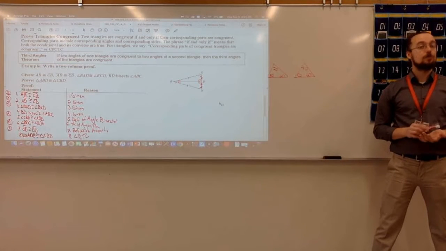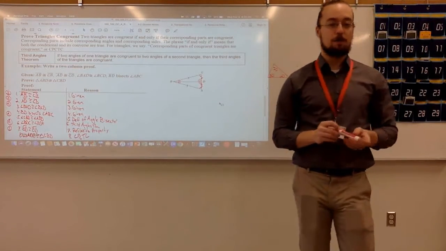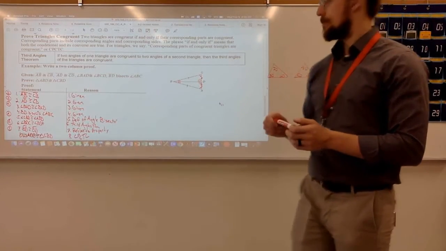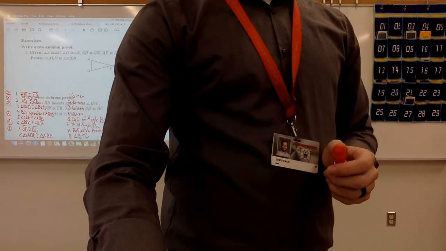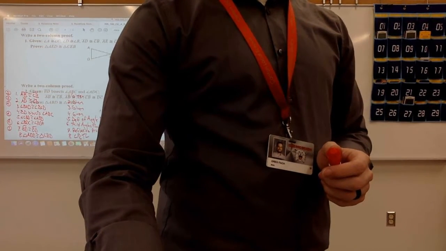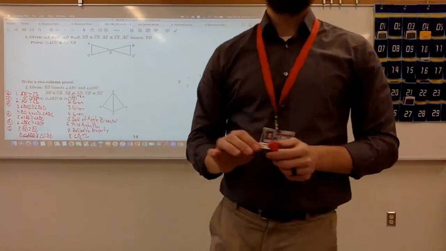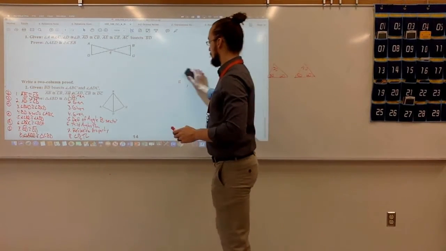We will talk about shortcuts the rest of the chapter. But for today, we're going to show that all 6 pairs of corresponding parts are congruent. So, do you guys think you can try one, or you want to do another one together? Try one? Alright, why don't you guys try number 1 here?